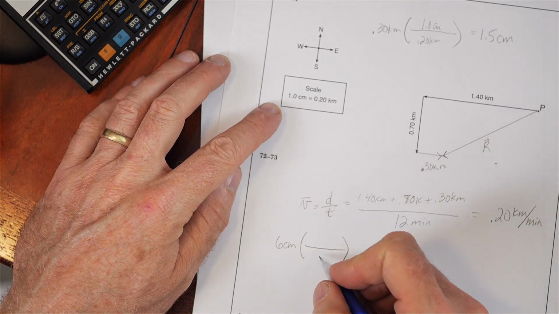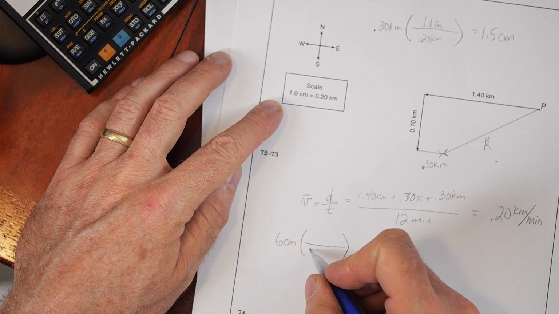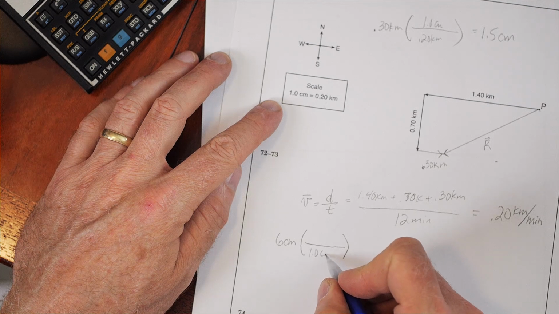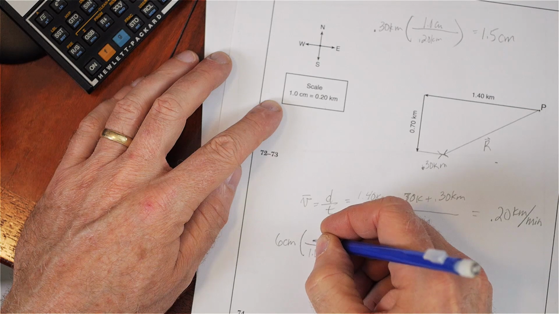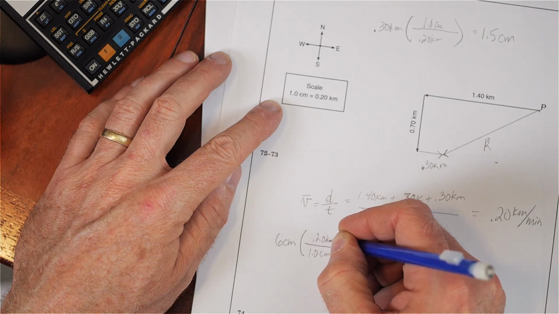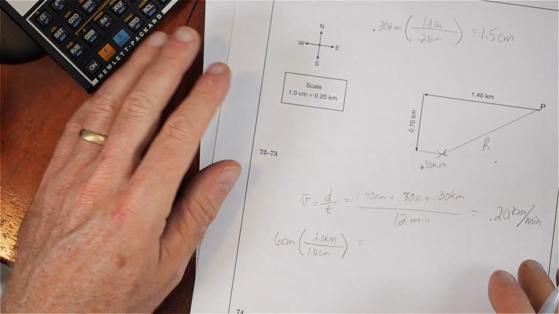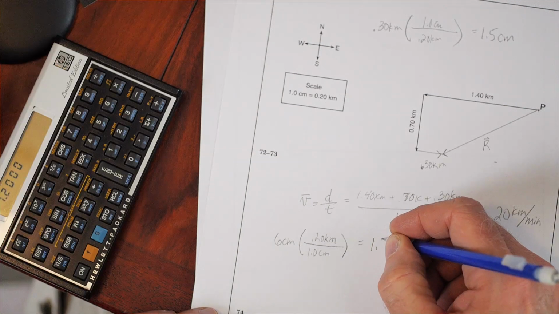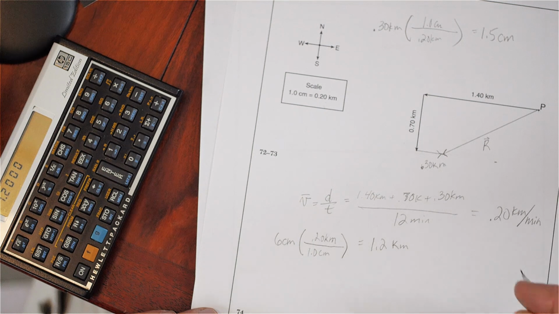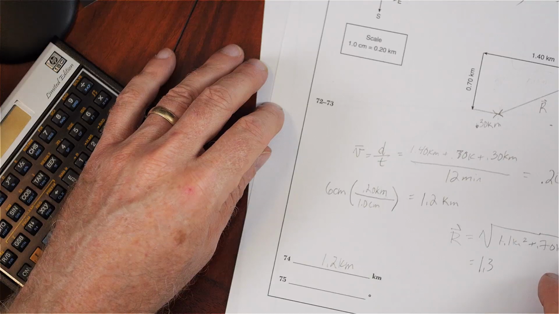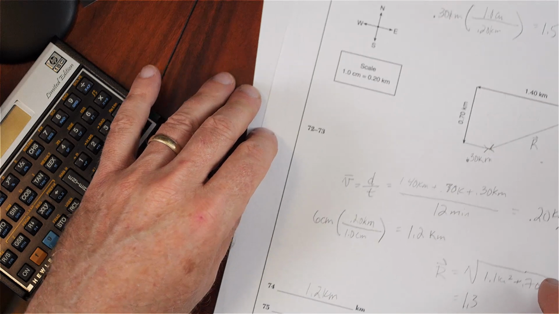We want centimeters to go away. So we're going to take 1.0 centimeter equals 0.20 kilometers. And what do we have? 1.2 kilometers. Does that make sense? Sure, that makes sense. That's 1.4. 1.2 seems reasonable. 1.2 kilometers.